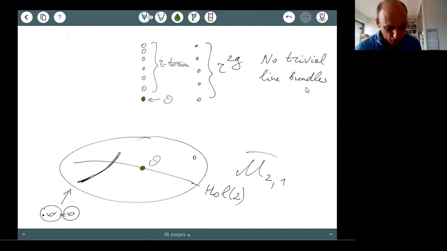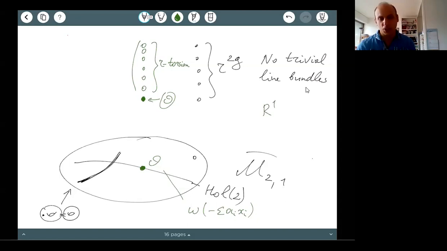Since I'm in the holomorphic locus, my twisted omega is the trivial line bundle, and one of the rth roots of the trivial line bundle is trivial. The others are not. So this thing has a section, but on these R to the power 2G minus 1 sheets, R1 is still a rank G-1 vector bundle.